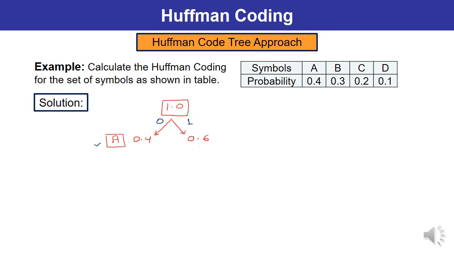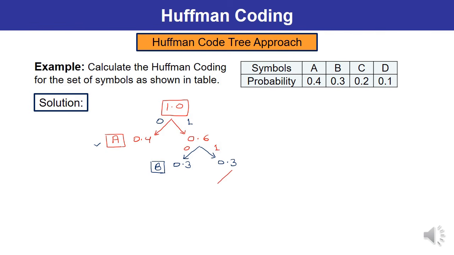Then from this particular value 0.6, it can be divided again into 2 halves. Let us say 0.3 and 0.3. The sum is equal to 0.6. So one branch can be terminated. If we say that the left is being terminated and 0.3, this particular value, this means symbol B is recovered, and again assign the value to the left one 0 and to the right one 1.